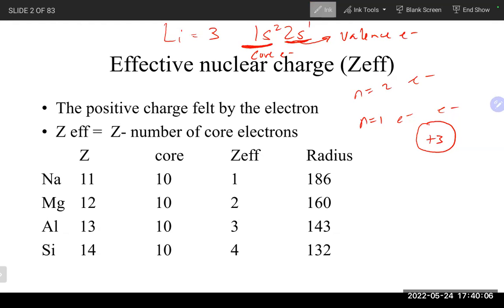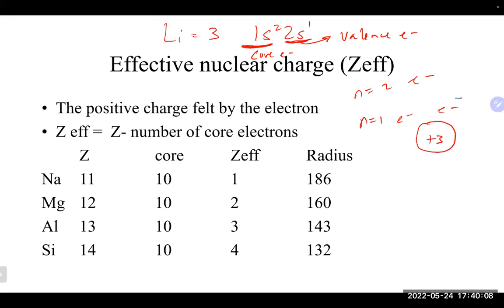The core electrons are right there in front of that positive 3 charge, so they are feeling the full brunt of it, which is going to bring them in closer. Remember that electrostatic attraction, positive and negative, increases in strength with the increased number of charge. So that's really going to keep those guys tight.